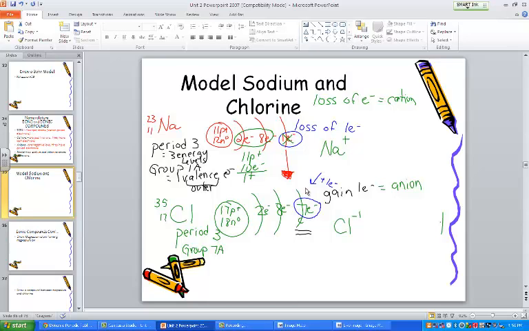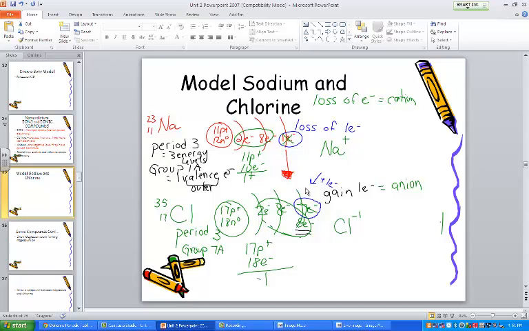Chlorine had 7, but if it now has 8 by adding that electron in, it still had the 17 positive protons, but now a total of 18 electrons. It has a net charge of -1.